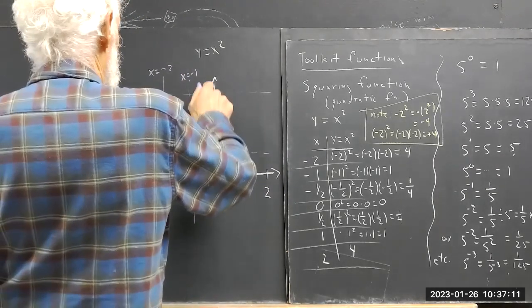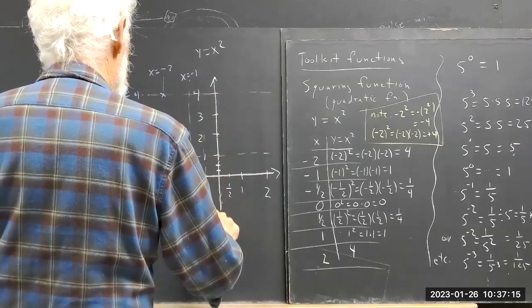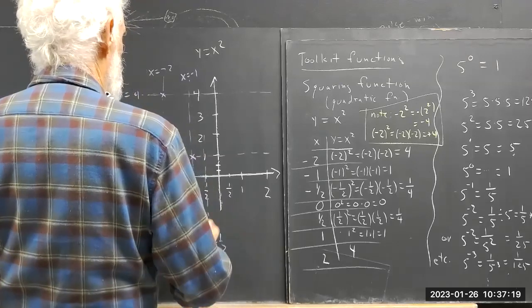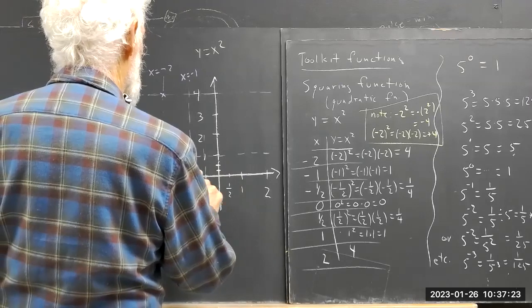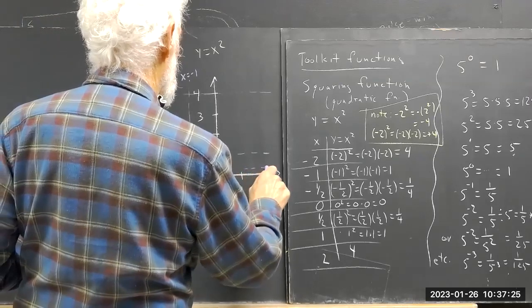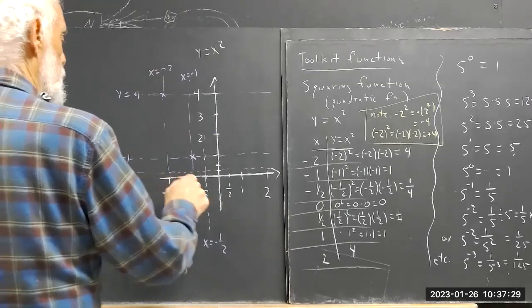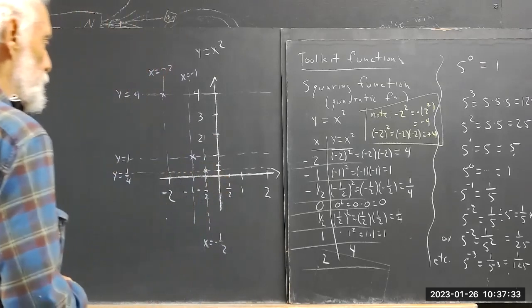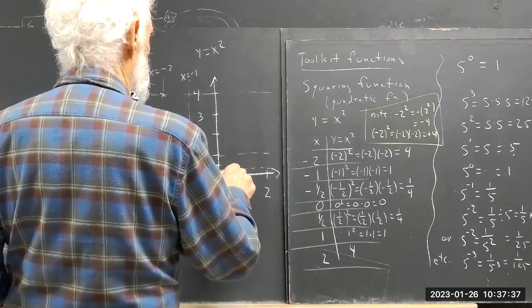Then the line where x equals -1/2, and where y equals 1/4. So here is a point. Now do the same over here. I'm not going to be that meticulous on this side.